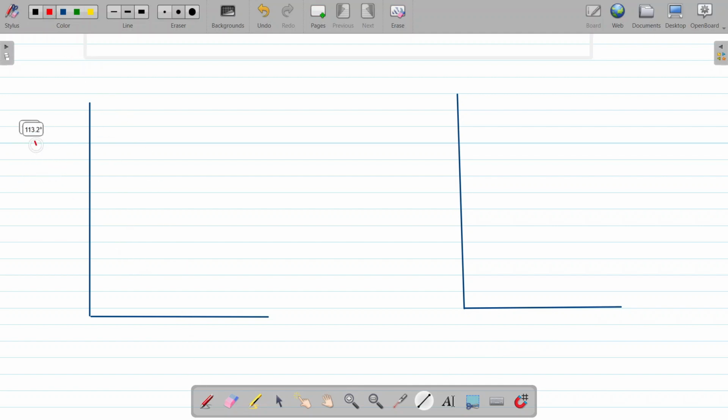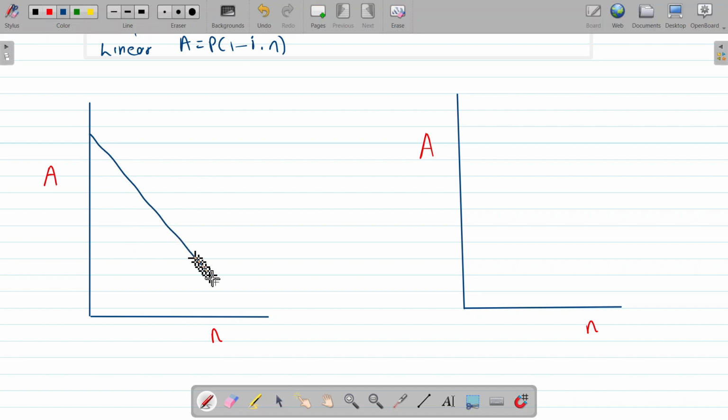So over here, this would be our book value on the y-axis, and this will be the number of years. Our two graphs would be for linear depreciation, which is A equals P into 1 minus I multiplied by N. And this would be our graph.